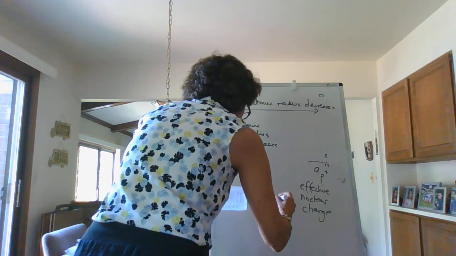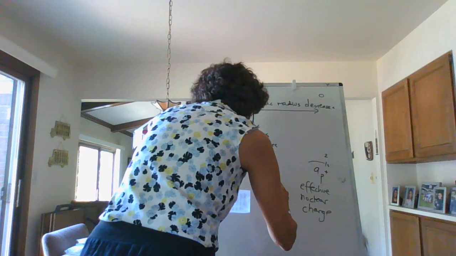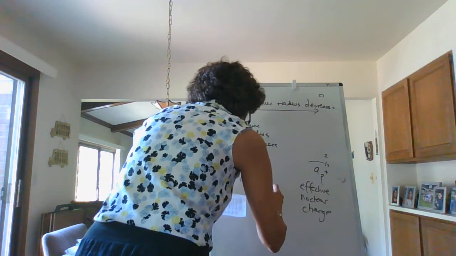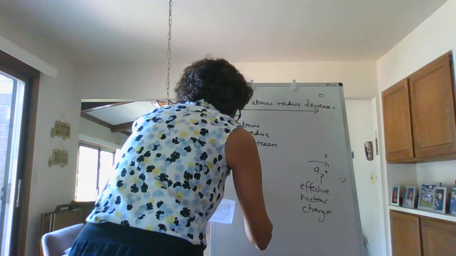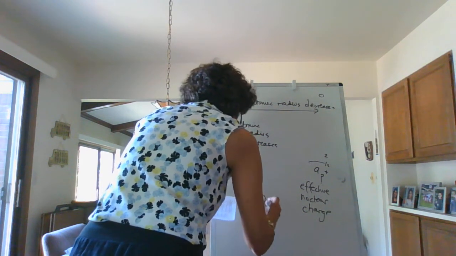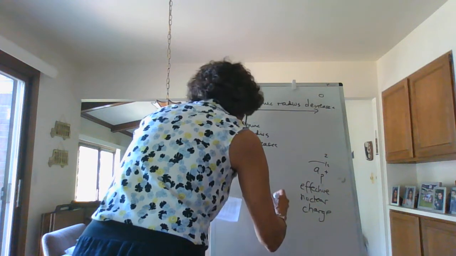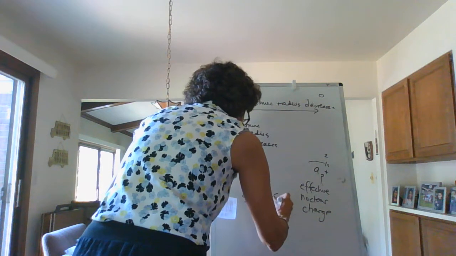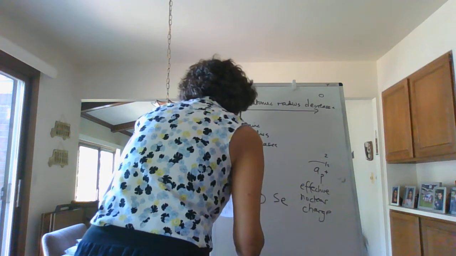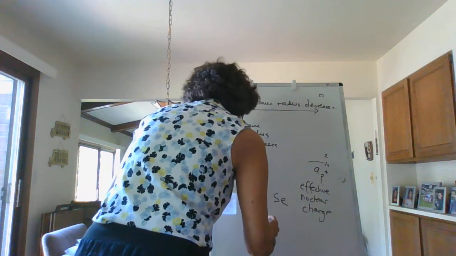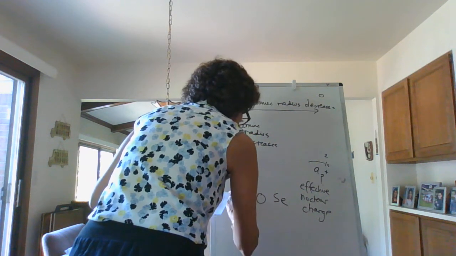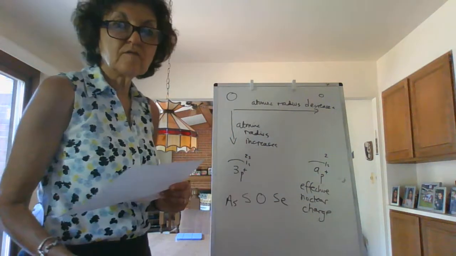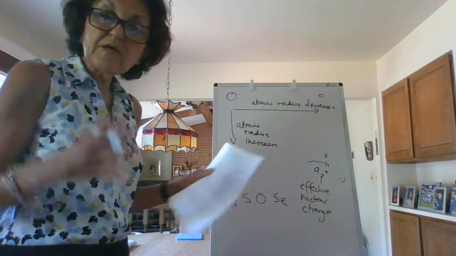Let me try to do something that doesn't look overly obvious, but let's say I have sulfur, oxygen, and let's say I have selenium, and let's say I have arsenic. Okay, and I tell you which one of these is the biggest radius.